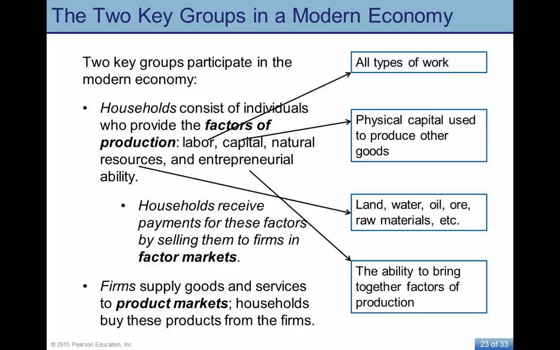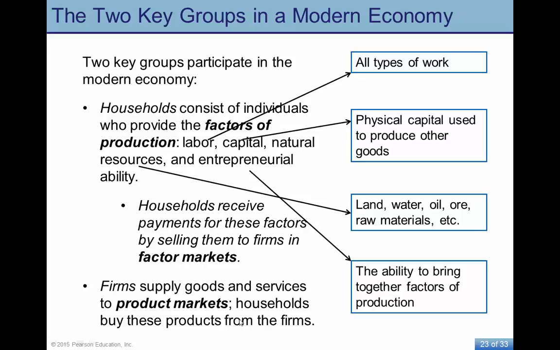Look at my cursor: labor, capital, natural resources, and entrepreneurial abilities. Households sell these factors of production in the factor markets and in return they receive payments.